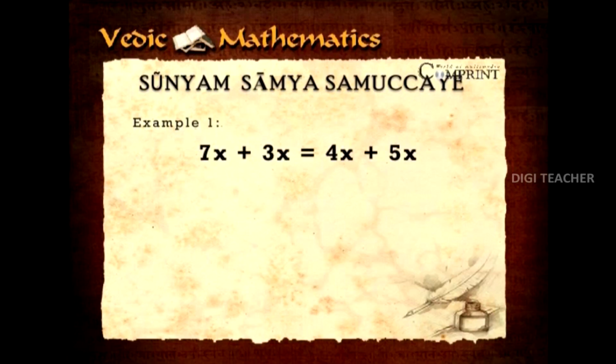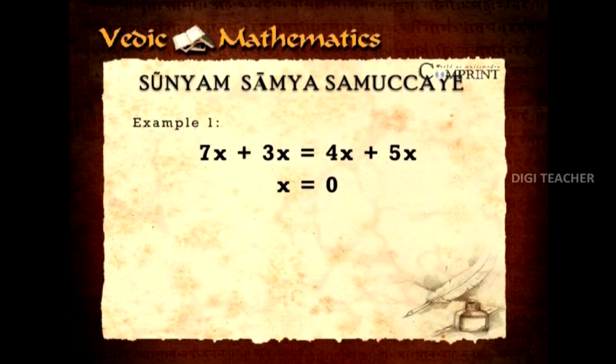For example, in the given equation, 7x plus 3x equals 4x plus 5x, which has the same factor x in all the terms. Hence, by the sutra, it is 0. That is, x equals 0.